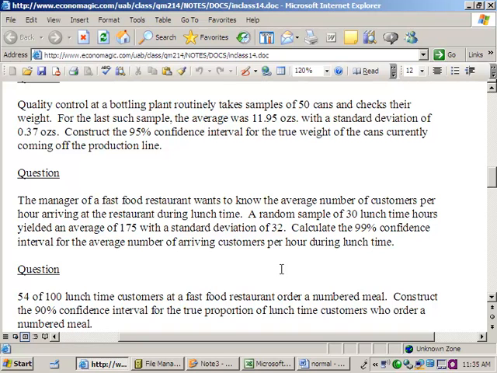Quality control at a bottling plant routinely takes samples of 50 cans and checks their weight. For the last such sample, the average was 11.95 ounces, standard deviation of 0.37 ounces. Construct the 95% confidence interval for the true weight of cans currently coming off the production line.